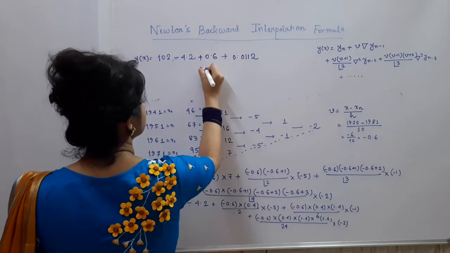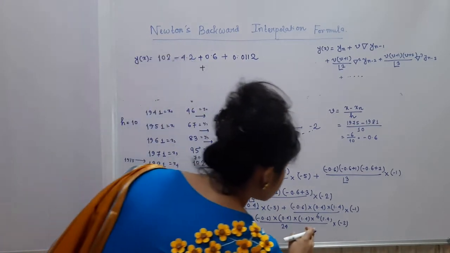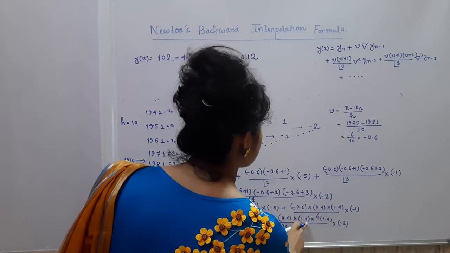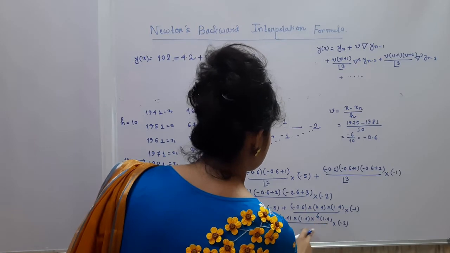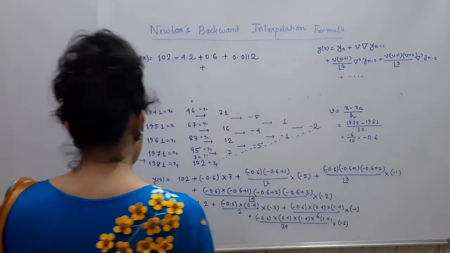And finally the last term is minus minus plus, it is also plus. Sorry, this is minus 0.6, 2.4, 1.4, 2.4, 24, this is minus 2, and this is again plus.